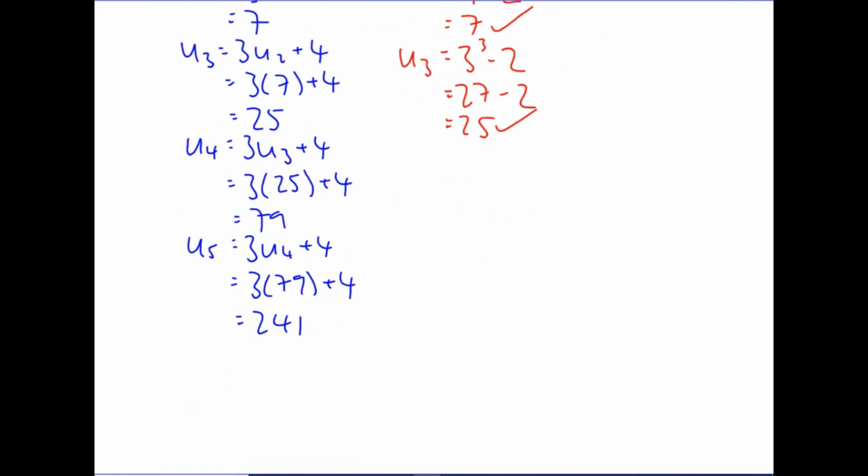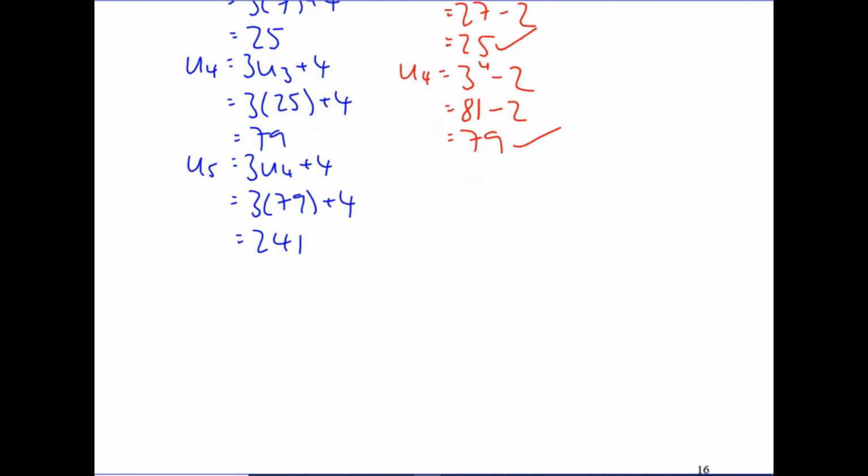That's right. u4 is 3 to the 4 minus 2, which is 81 minus 2. That's 79, which is correct. And then u5 is 3 to the 5 minus 2, it's 243 minus 2, which is 241. So we show that this works for the first 5 terms.